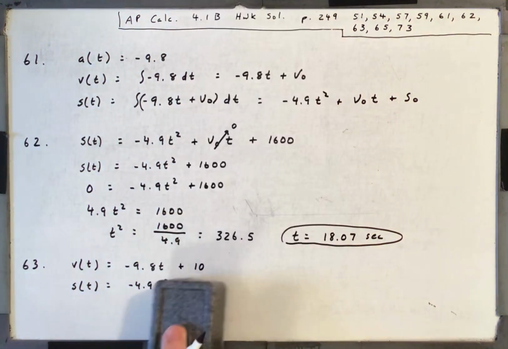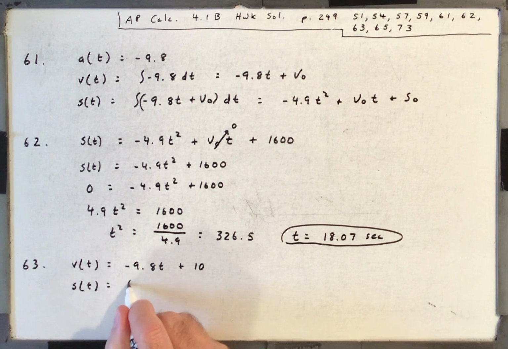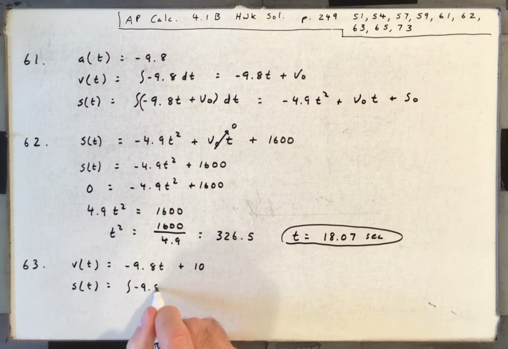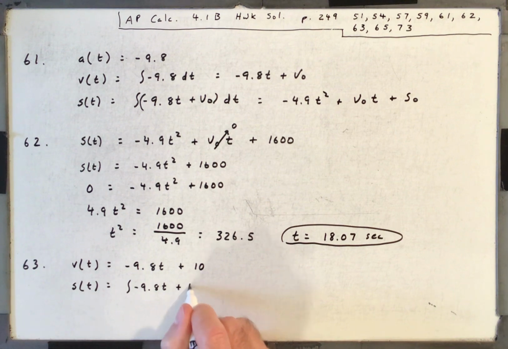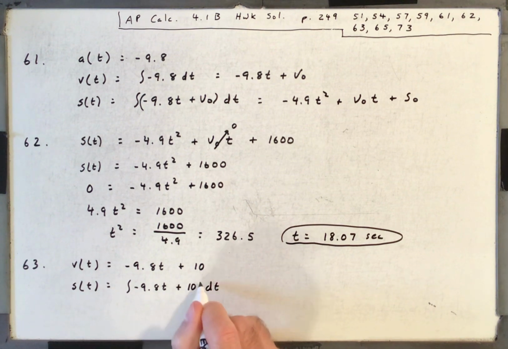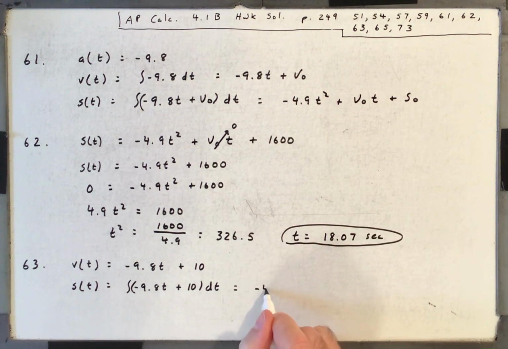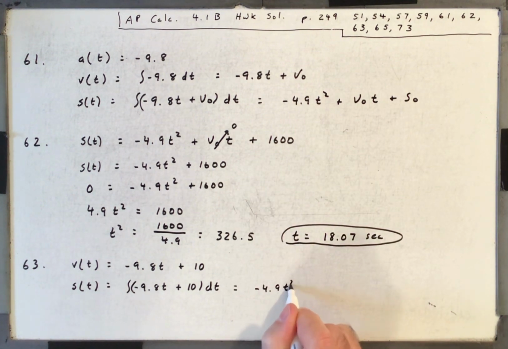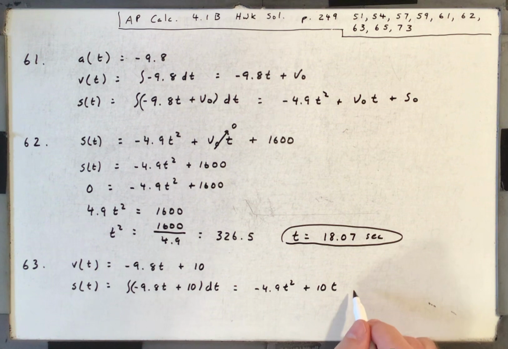In fact, let me write that out. I'm going to integrate V of t. Or you could just look up here, but it's going to be minus 4.9 t squared plus 10t. And the problem says that the baseball is thrown from ground level, so plus S naught, which is 0.